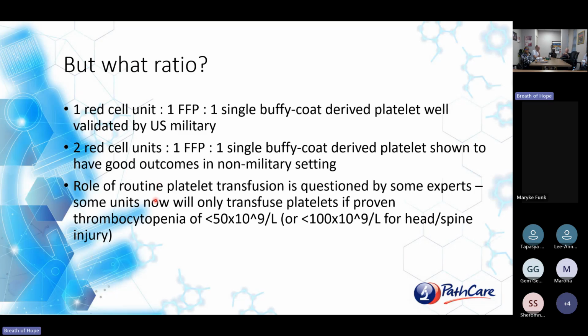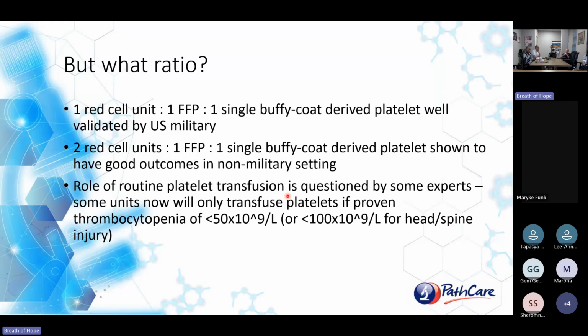No, sorry, it's supposed to be 2. Sorry, my math is not mathing this morning. But the idea is that you can reduce the amount of red cells by half. So instead of a 4-4-1, you can have a 2-4-1.